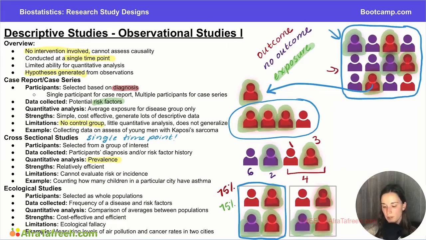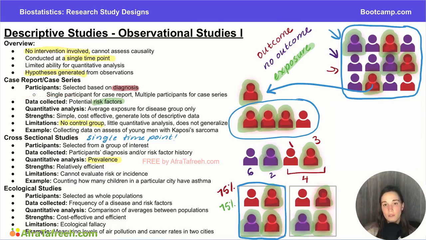So for example, we could compare averages across this green population and averages across this purple population. An example of this might be looking at levels of air pollution in 2 cities and also looking at rates of cancer diagnoses in both cities. Often these studies can be done using publicly available databases, so they can be quite easy and cheap to do.